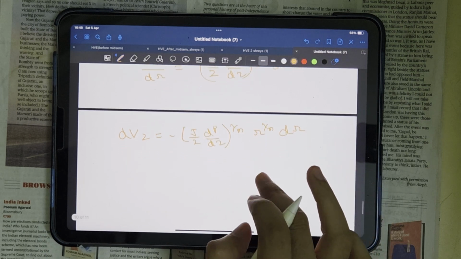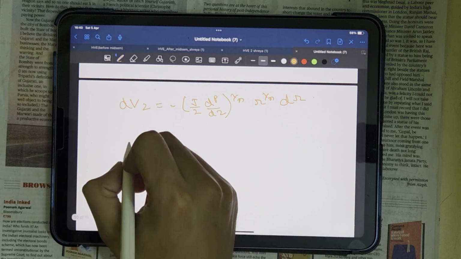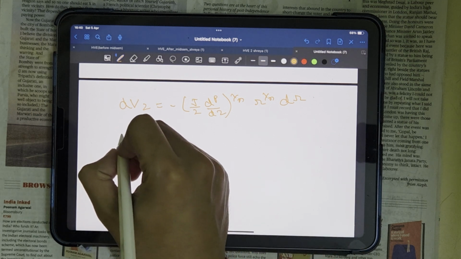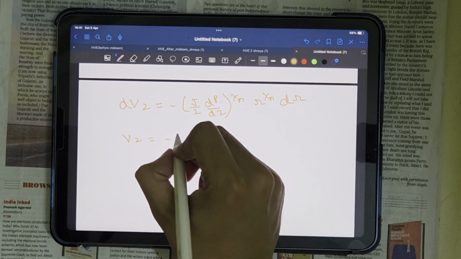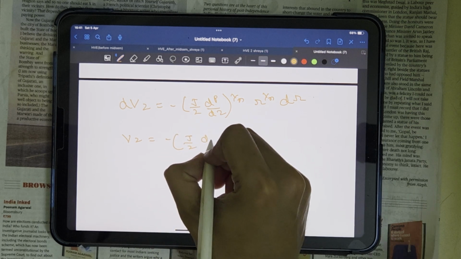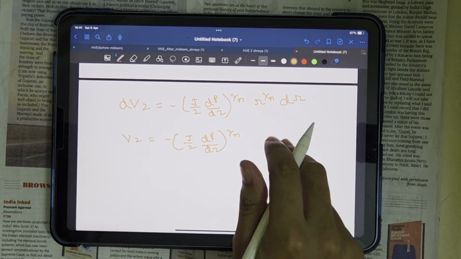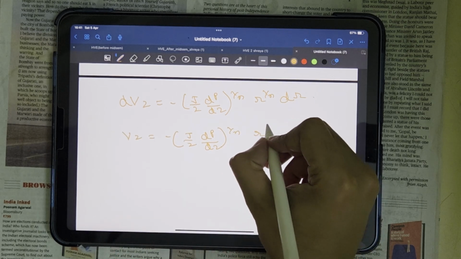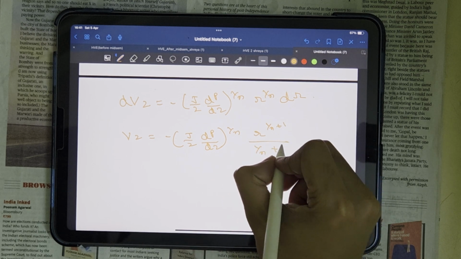On integrating we will get vz is equals to minus j by 2 dp by dz whole power 1 by n r to the power 1 by n plus 1 divided by 1 by n plus 1 plus C2.